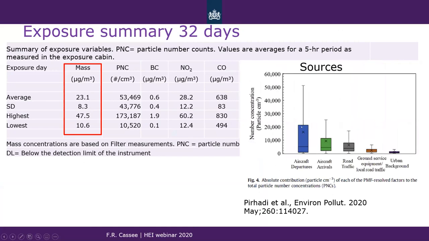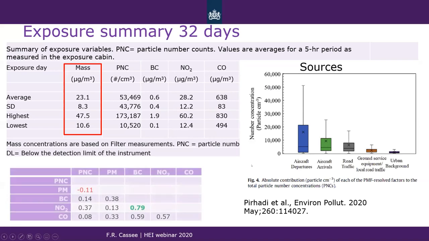We used all those metrics to do source apportionment and could identify that the majority of the particles came from departing aircraft, with somewhat less from arriving aircraft, and here's the road traffic percentage. But still there was considerable contrast in exposure to particle number concentration to do the health effect assessment.